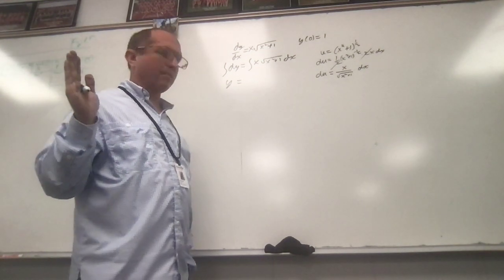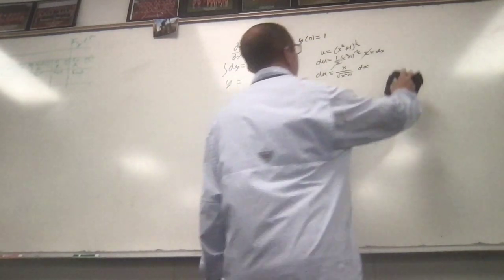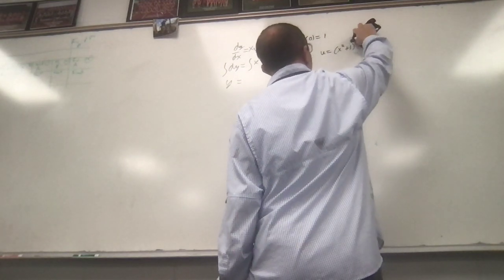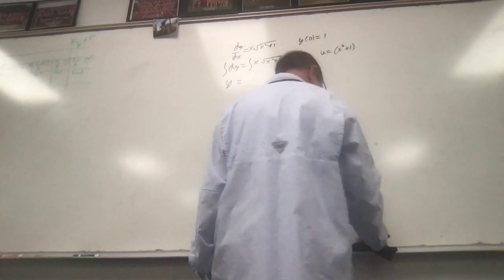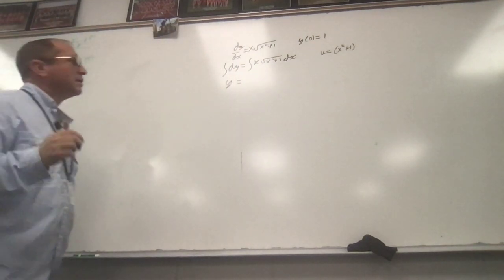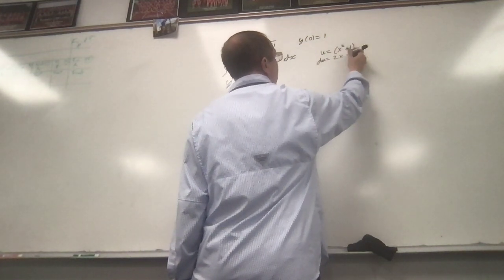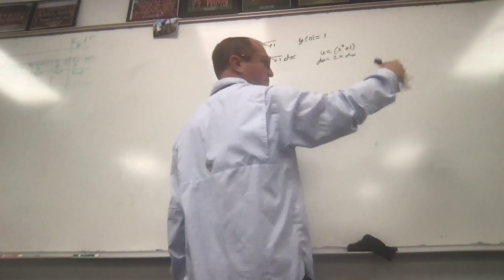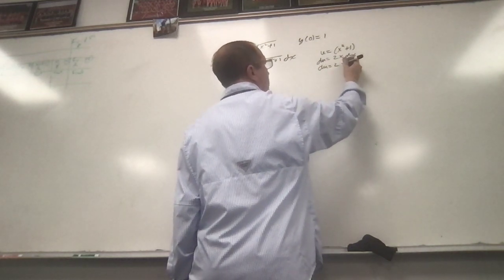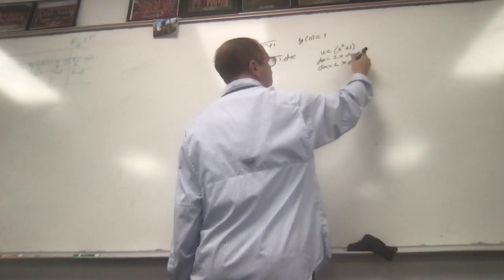So let's try something different. Now I'm going to pick the right thing. So I'm just going to let u equal x squared plus 1. So du is going to equal 2x dx, right? So du over 2 is going to equal x dx.